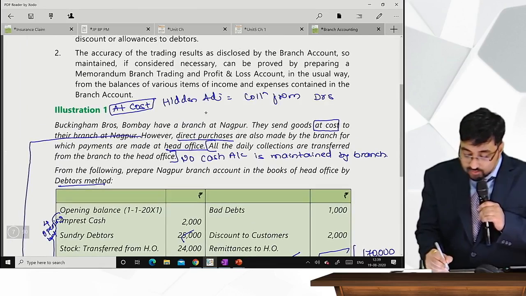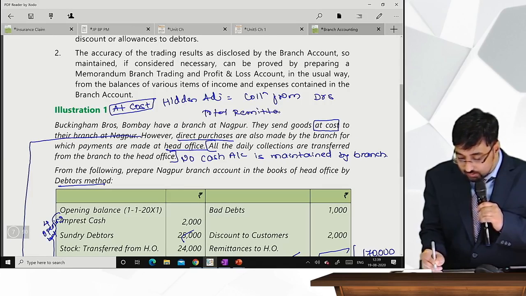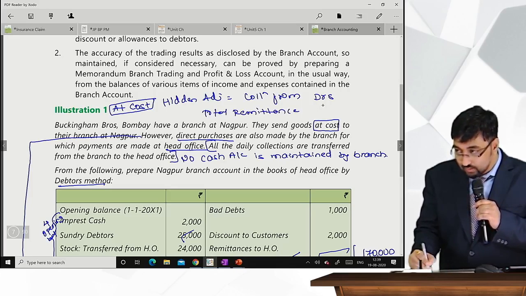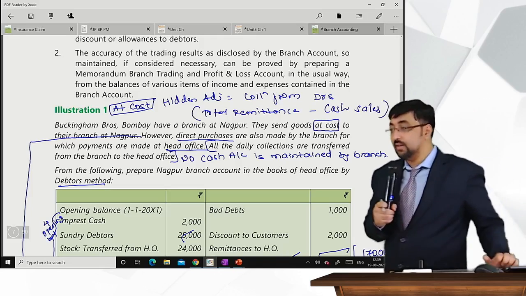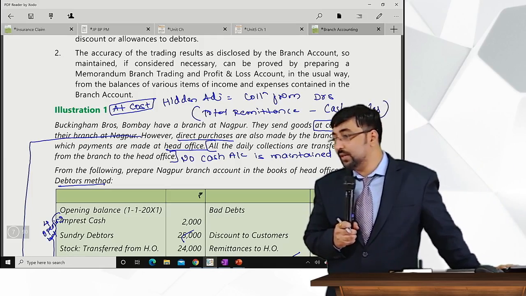How to calculate this? Total remittance minus cash sales. So you got the difference between two?